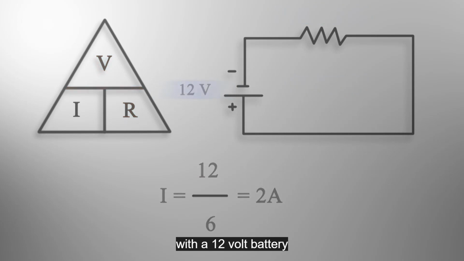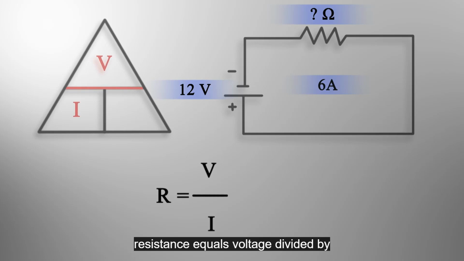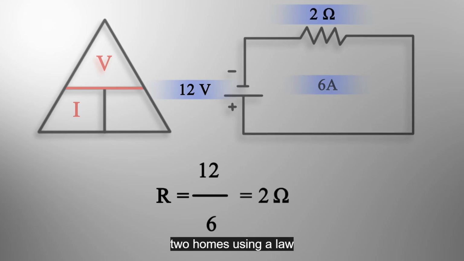In a circuit with a 12-volt battery, how much resistance does there need to be to restrict the current flow to 6 amps? Covering resistance on the triangle gives us resistance equals voltage divided by current. 12 divided by 6 equals 2, so the required resistance will be 2 ohms.